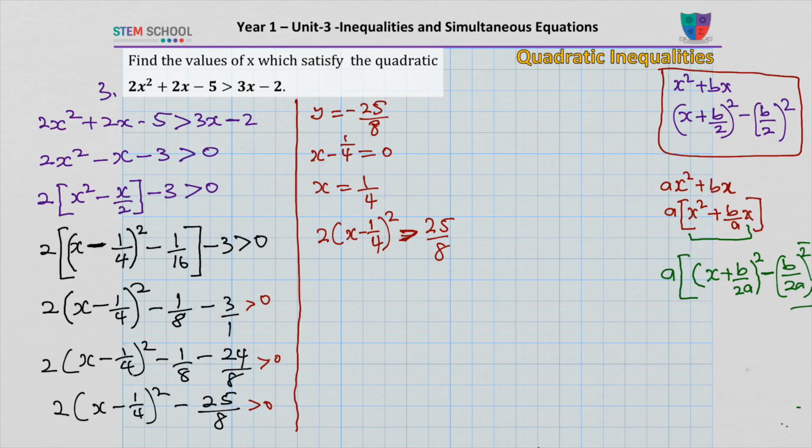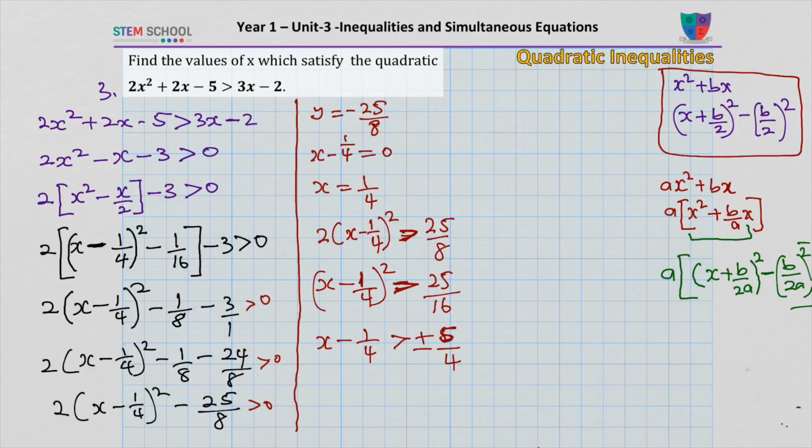So 2 into bracket x minus a quarter squared is greater than 25 over 8. Now I need to divide both sides by 2. So x minus a quarter squared is greater than 25 over 16, because if I divide 25 over 8 by 2, I have 2 times 8 is 16. Now I need to square root both sides. So I get x minus a quarter greater than plus or minus root 25 is 5 and root of 16 is 4.